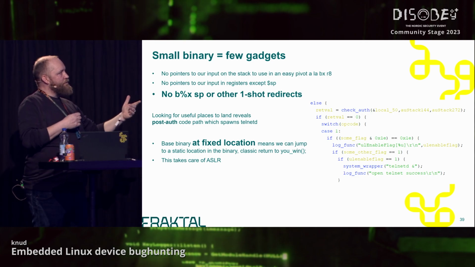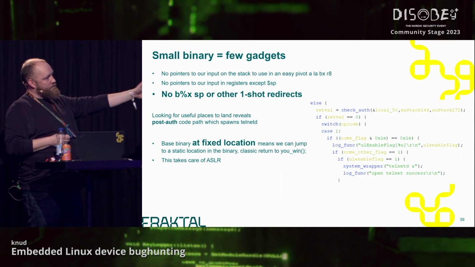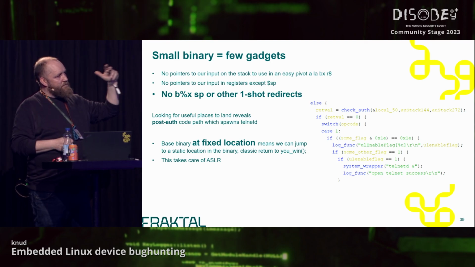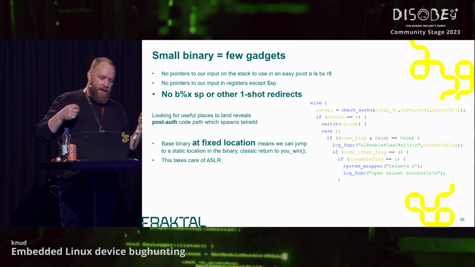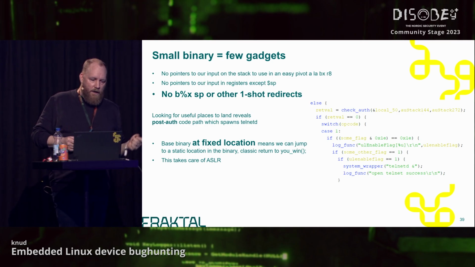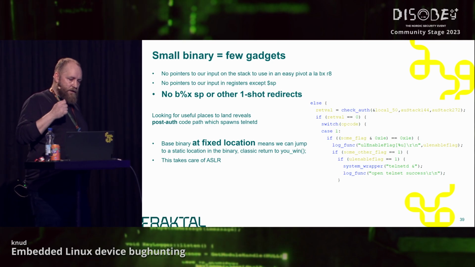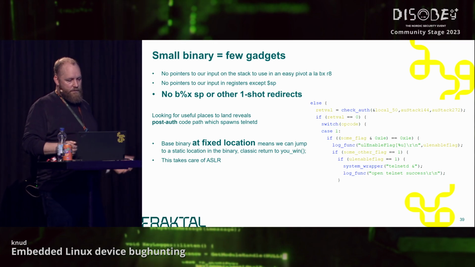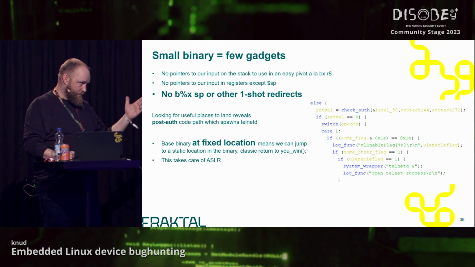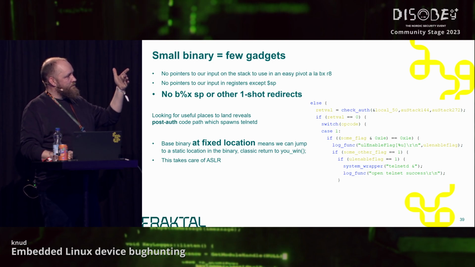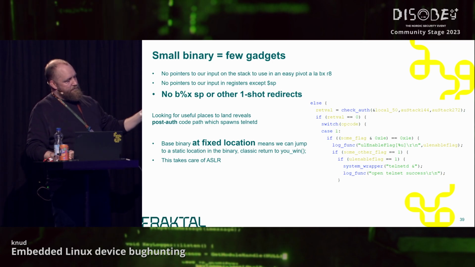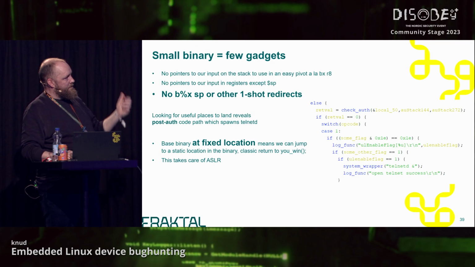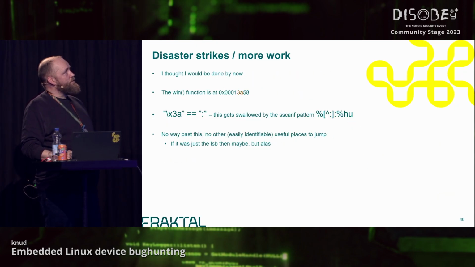But doing memory corruption, I can actually redirect the execution flow to the place in the binary where it launches the telnet daemon and then access it that way, right? But it's a small binary, and there are no good pointers and so on. Anyway, the best way, in my opinion, is to see if you can find some functionality that you can land in, and then that way you have taken care of ASLR, because the base binary is not randomized with that setting.